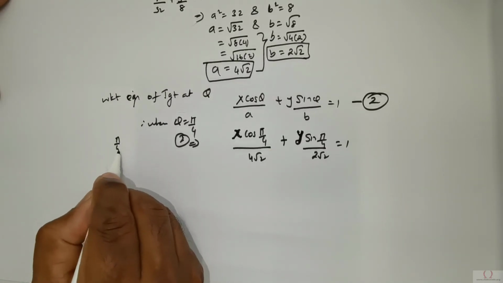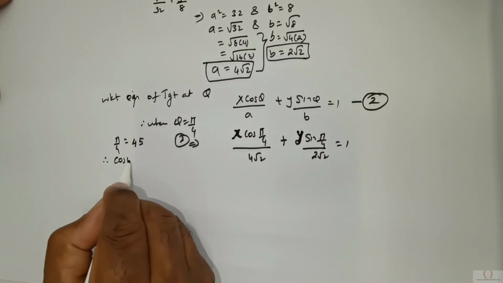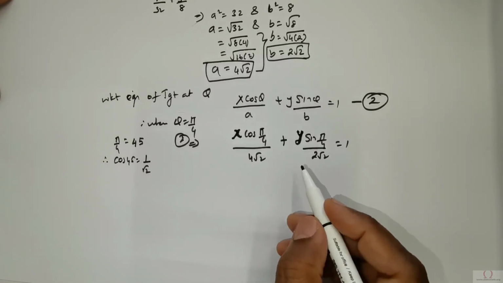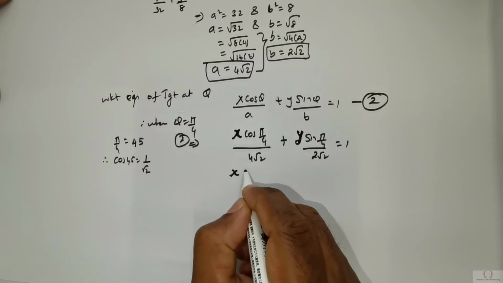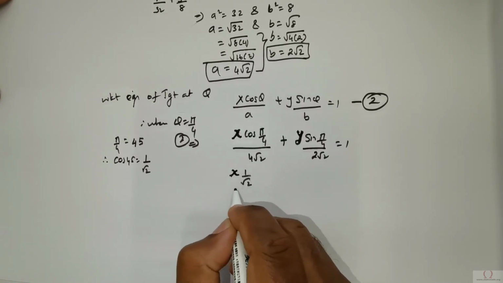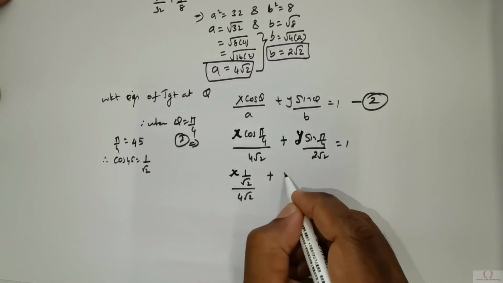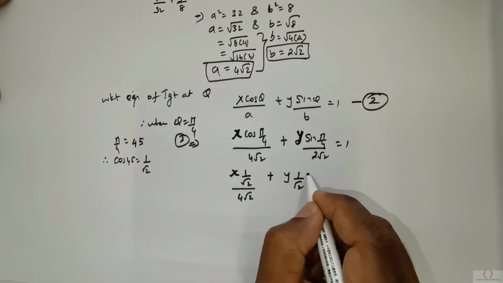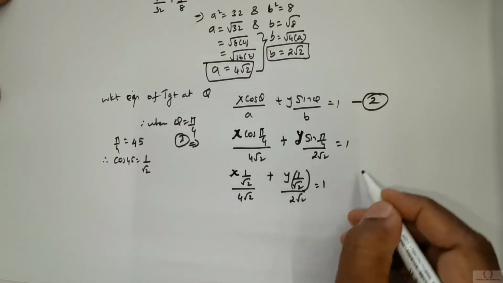Now π/4 is 45°, so cos 45° is 1 over root 2. That is the value we are getting. So we have x times 1 over root 2 divided by 4 times root 2 + y times sin π/4, which is 1 over root 2, divided by 2 times root 2, equal to 1.